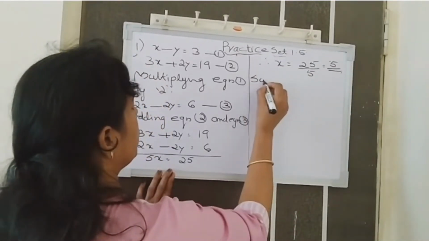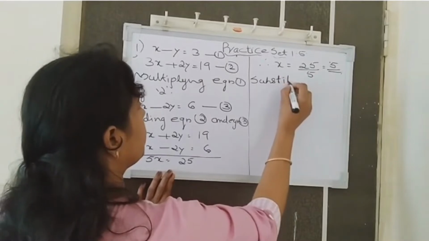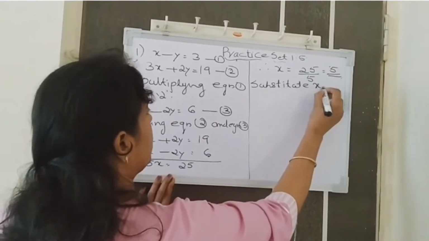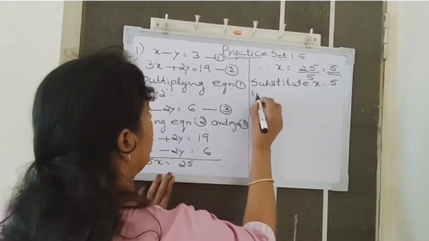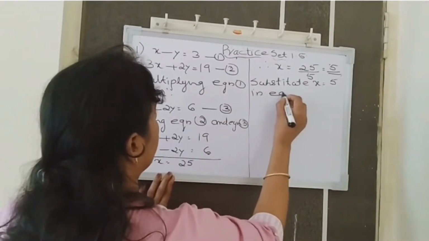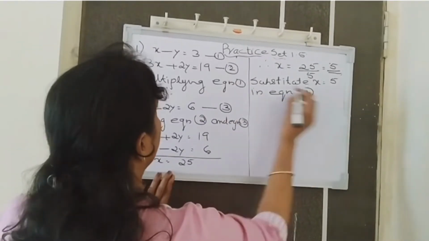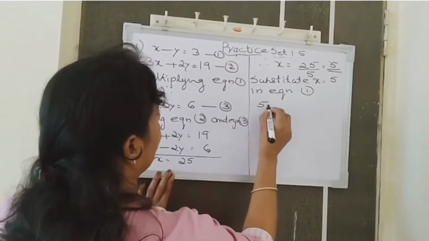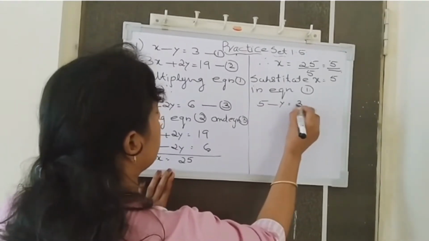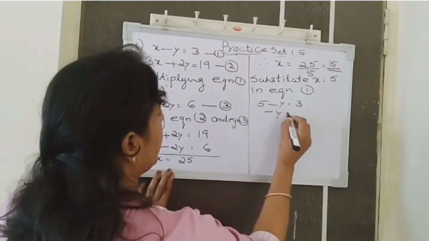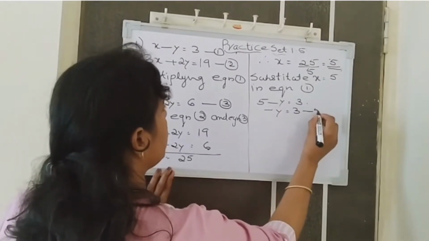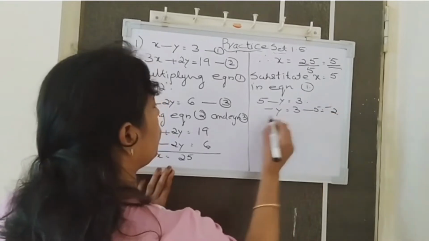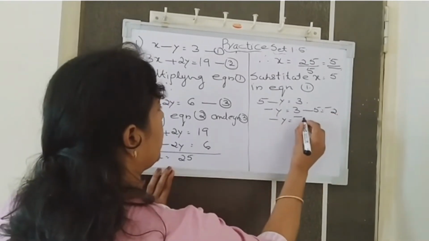Then substitute x equal to 5 in any of the equations. I am substituting in equation 1. Therefore x minus y is equal to 3. Therefore 5 minus y equals 3. Therefore minus y equal to 3 minus 5, minus y equal to negative 2.